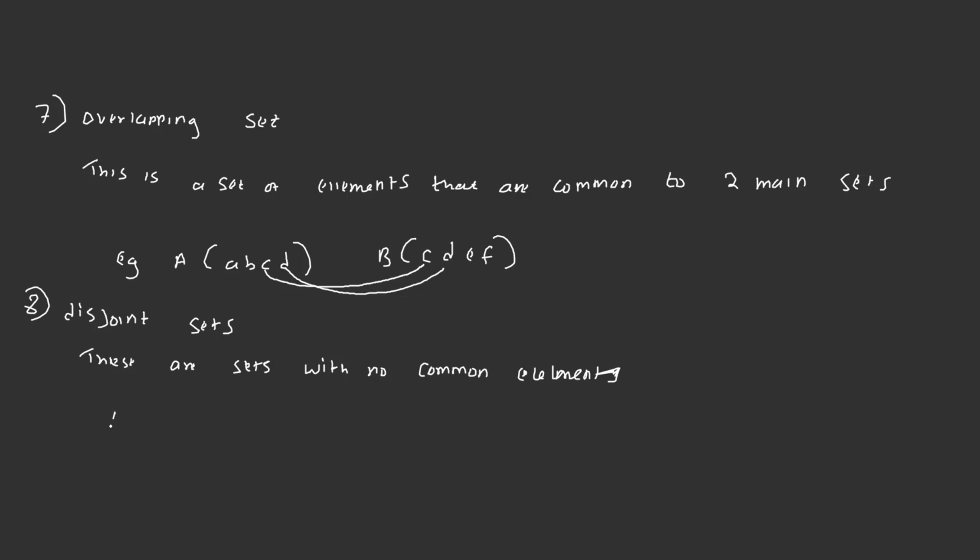So you can have set A which has A, B, and C, and we can have set B which has Q, R, S, and T. So those are disjoint sets because there are no common elements.